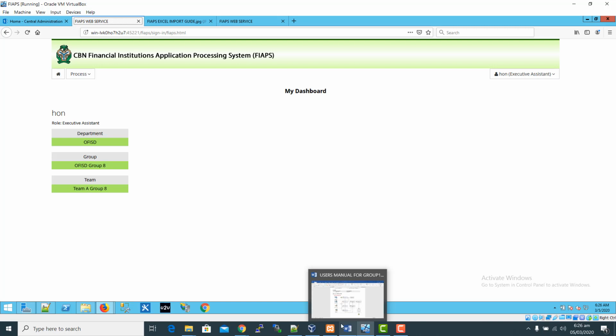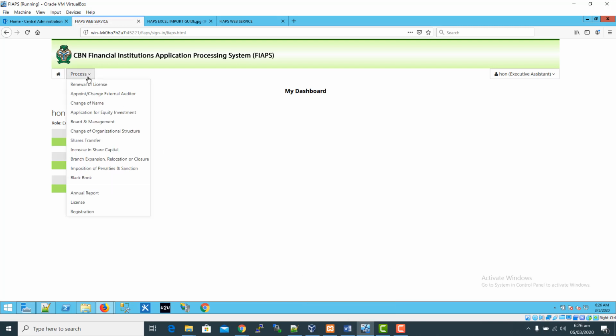The Financial Institutions Application Processing System, FIAPS, can be used to manage jobs across the following processes displayed on the screen.